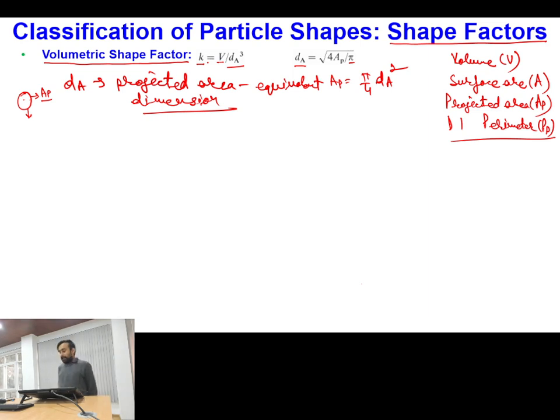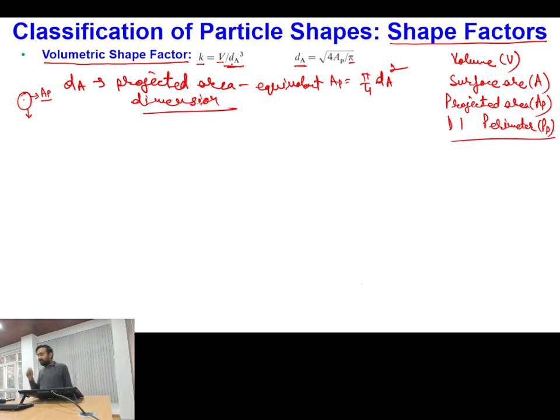Okay. So the volumetric shape factor is clear. What we need to do is, if I have to calculate the volumetric shape factor, I must know the volume of the particle, and then I should do its projection, calculate the projected area, and then using this relation I should calculate dA, and then I can find this out. Now this has so many complexities if we go into the practical considerations.